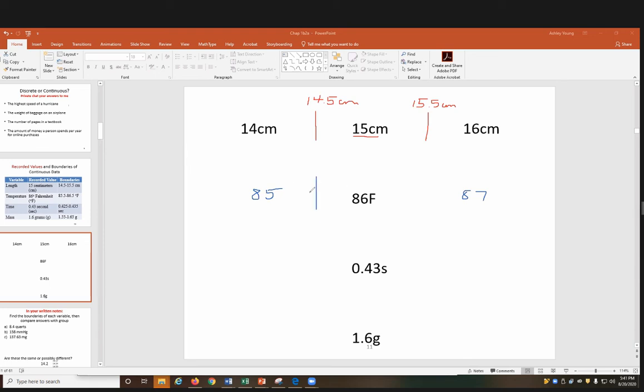The fence between us is at 85.5 degrees Fahrenheit. And then between these two, smack dab in the middle, is 86.5 degrees Fahrenheit.